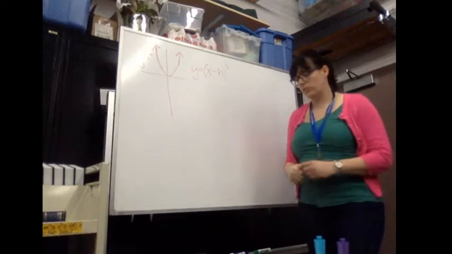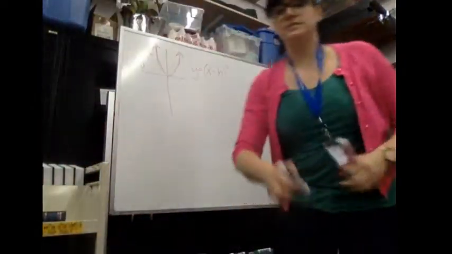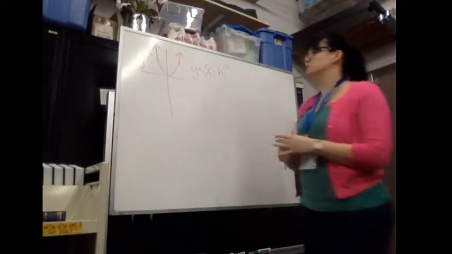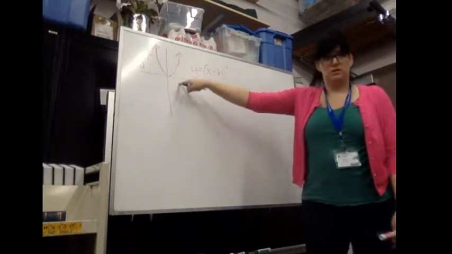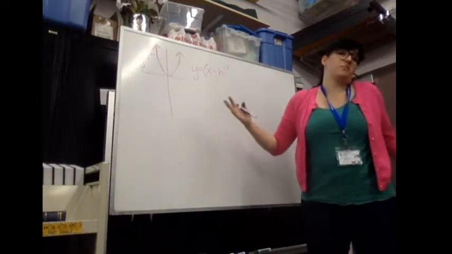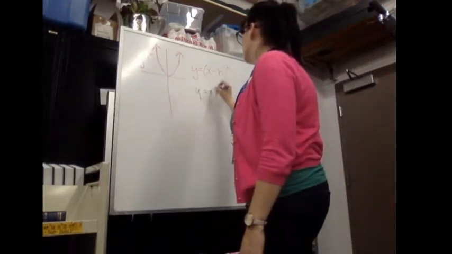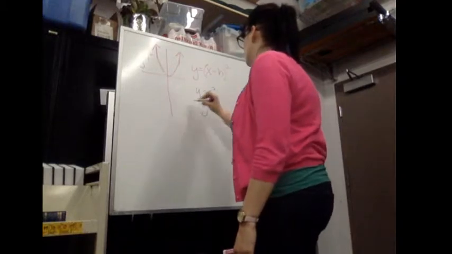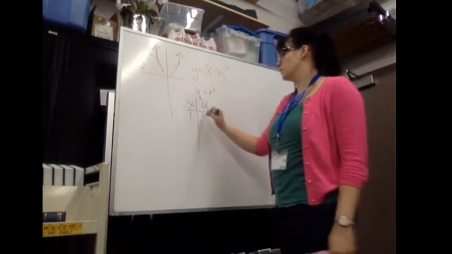Now this is also important. Because x is the independent variable in functions, if I want to move x over here, I need to make sure, how is it going to affect my y? Well, let me think about it. If I have y equals x squared, and then I've got my xy table, I plug in a 1, and I get a 1.